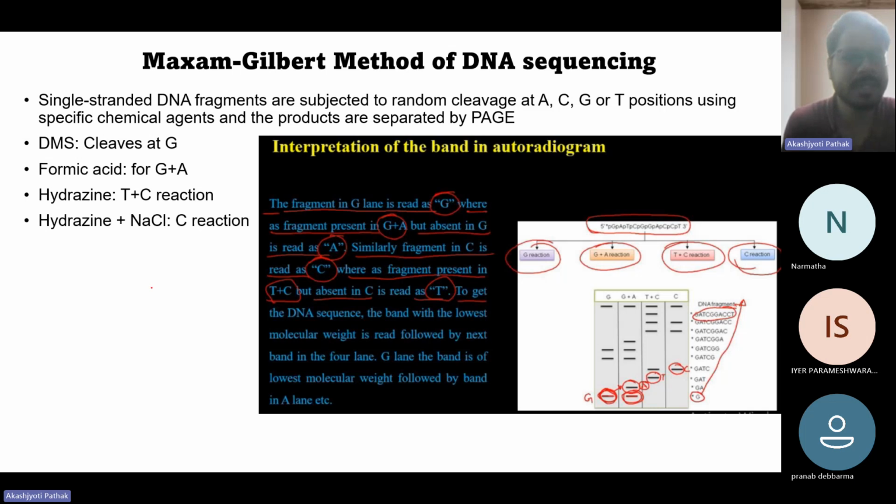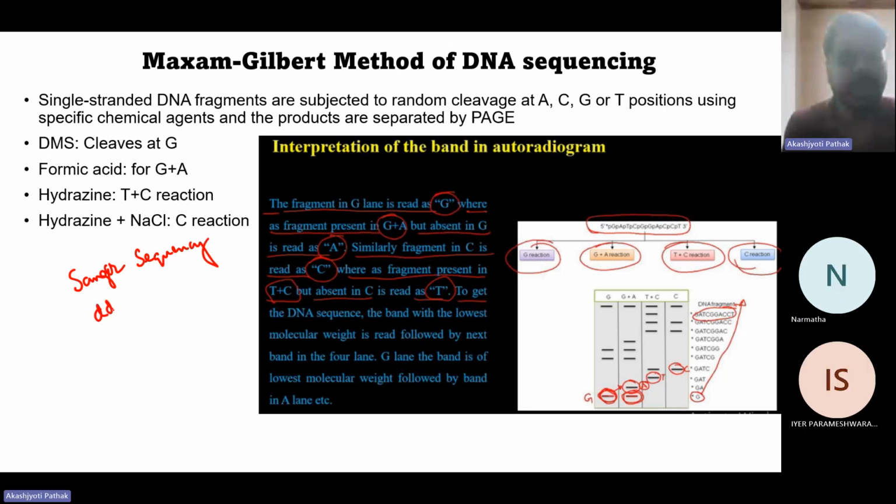One is the Sanger sequencing method. In the Sanger sequencing method, you use dideoxy NTPs, right? There are four different reactions. In one of the reactions, you add ddATP plus the other deoxynucleotide triphosphates: dGTP, dCTP, and dTTP.